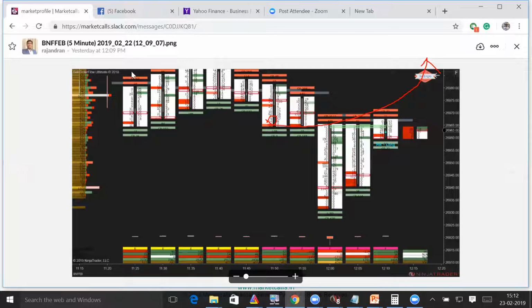At 12.9 I posted that there was an MR long signal, and you see that it's a strong volatile bar, followed by an inside bar. Volume was high, almost 4,769 volume in this particular bar alone.